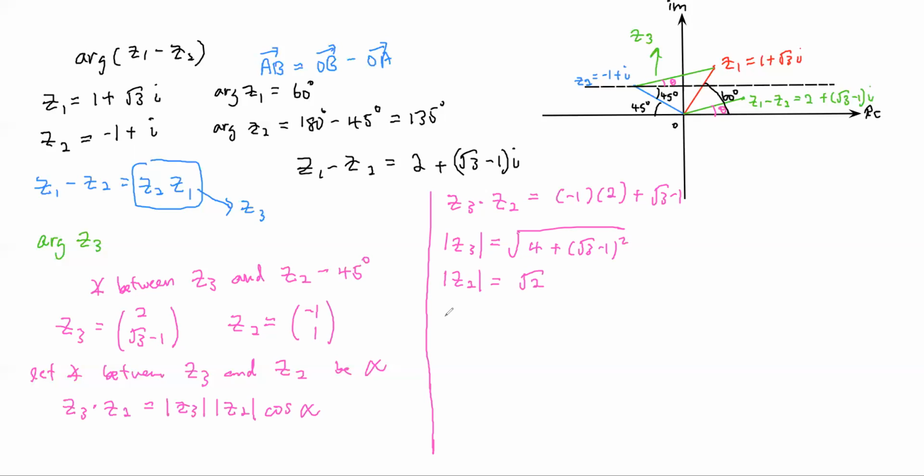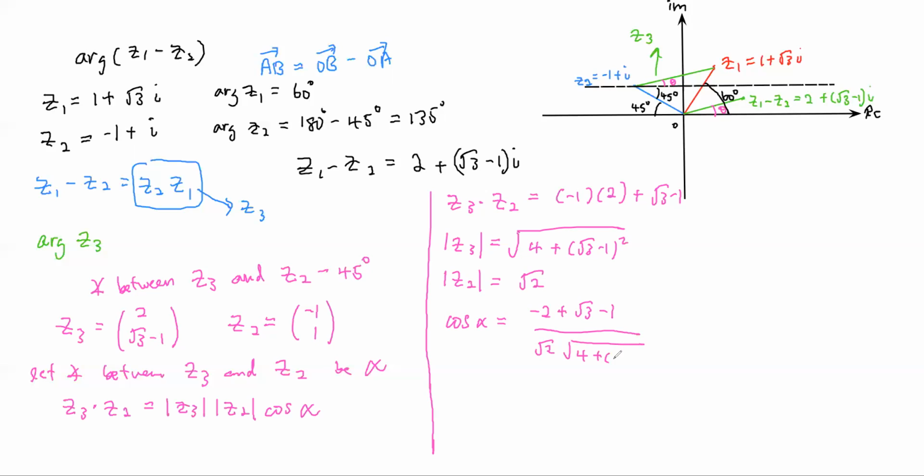So for alpha, let's start with cosine alpha first. Cosine alpha is equal to -2 plus square root 3 minus 1 divided by square root 2 times the square root of this whole chunk.